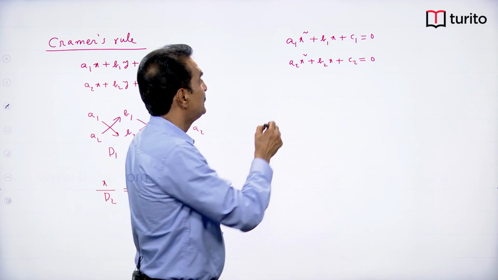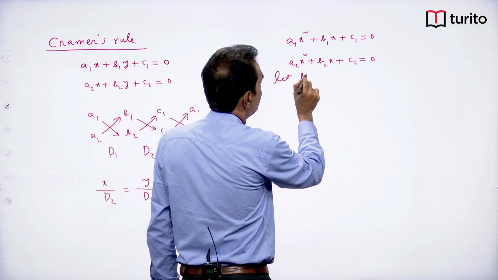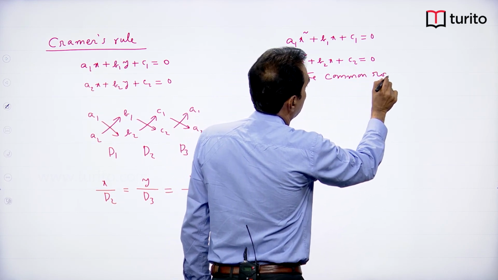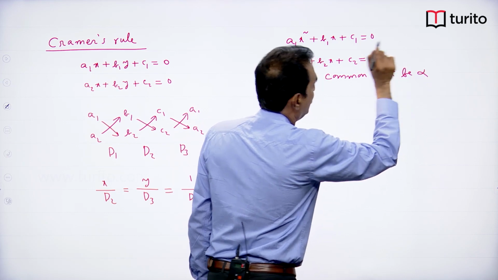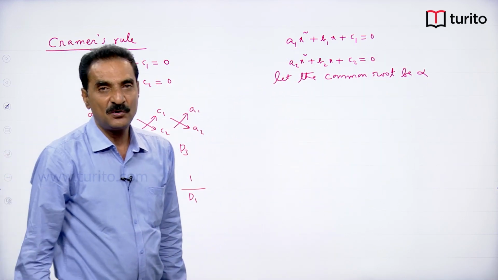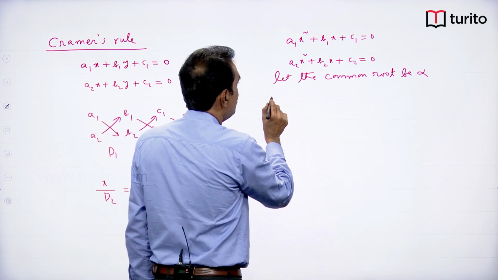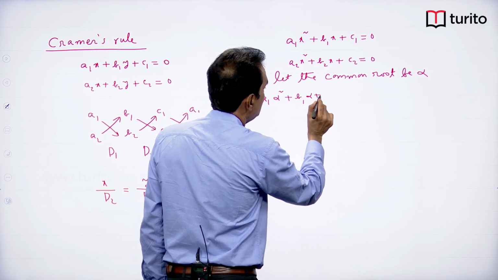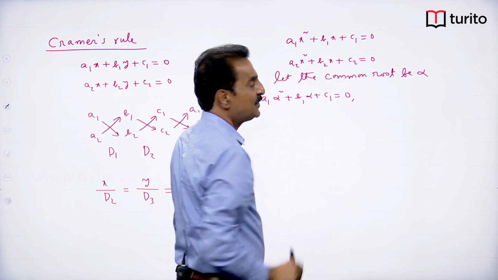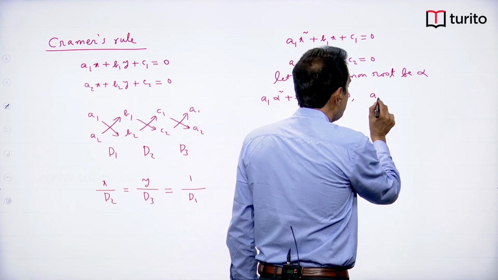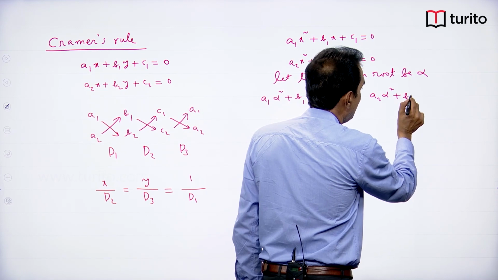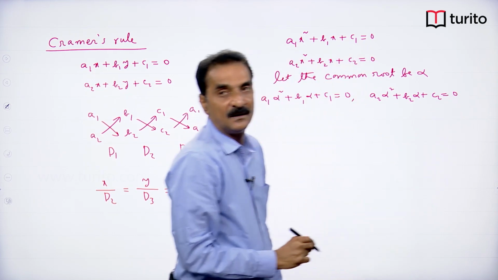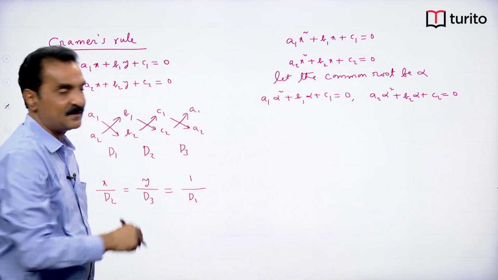Then let the common root be alpha. Then alpha satisfies both the equations now. Substituting alpha, a1 alpha square plus b1 alpha plus c1 is equal to 0. Substituting in the second equation, a2 alpha square plus b2 alpha plus c2 is equal to 0. Now you solve these two in this method.